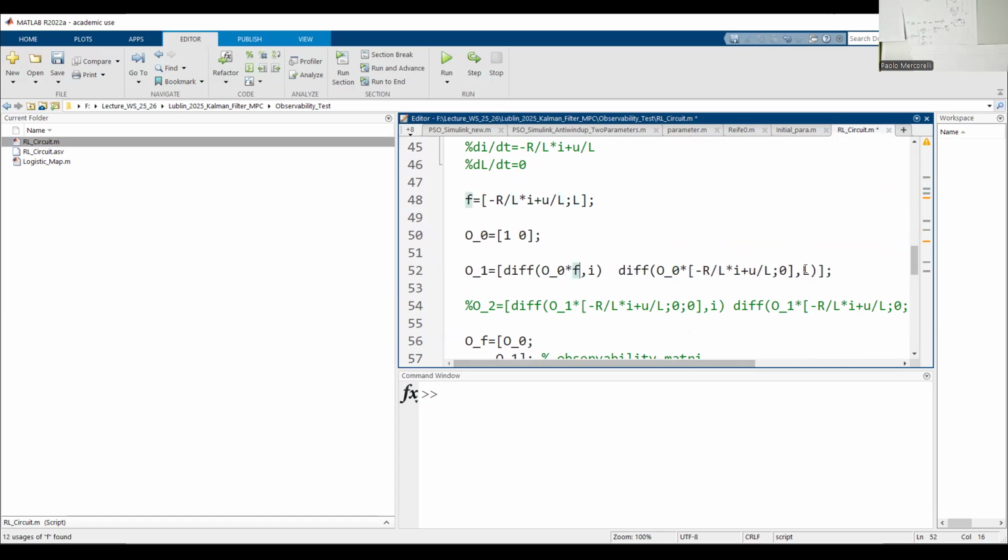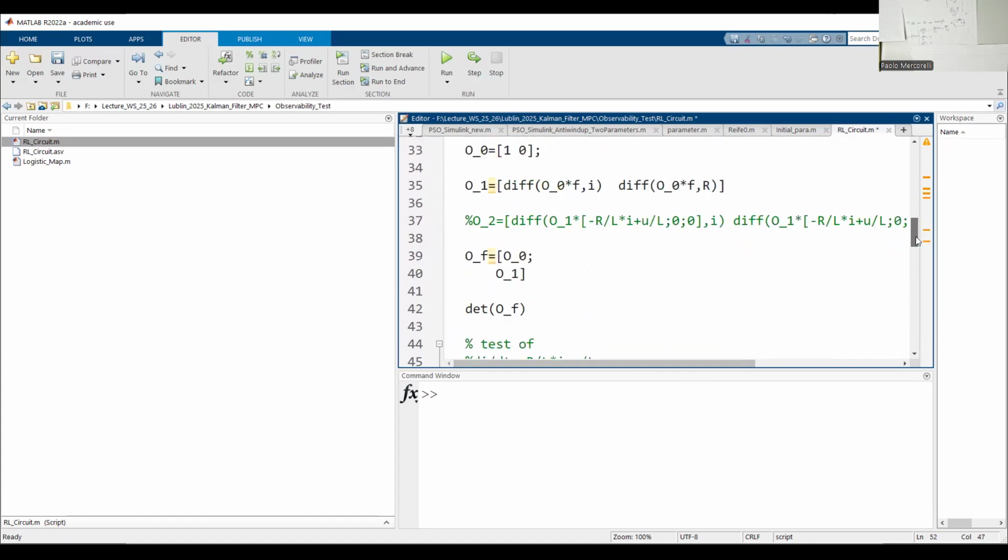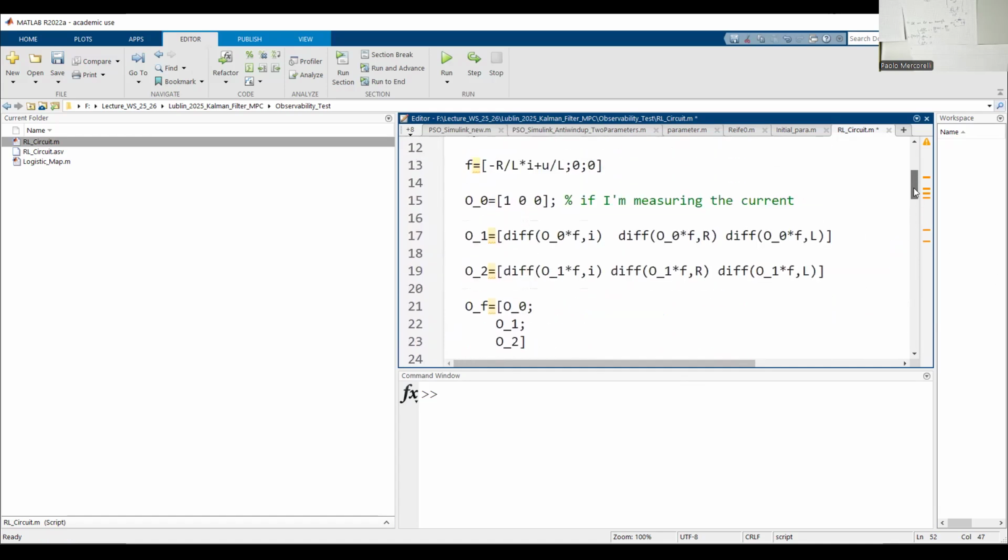We can see here is L. Both cases, the last two calculations, represent an augmentation of one parameter. In one case, R, and in the second case, L. The first case is 2 parameters, larger. The system is large.